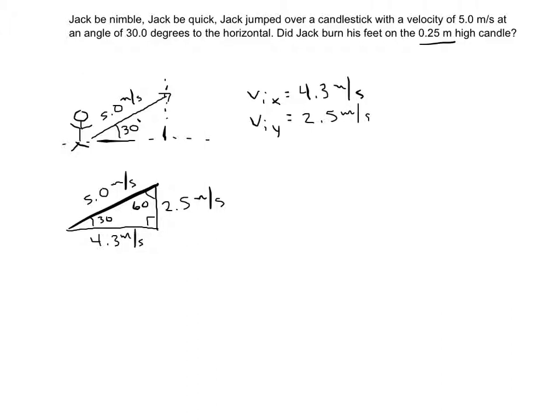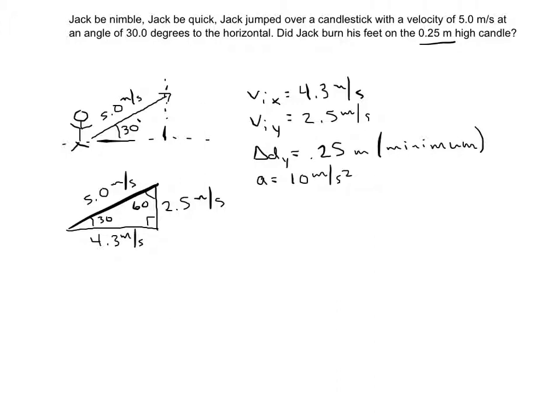Our minimum distance in the y direction, actually, no, we'll leave it that way, should be 0.25 meters. And I'm just going to put minimum for him not to burn his feet. His acceleration the entire time he's in the air is going to be 10 meters per second squared.